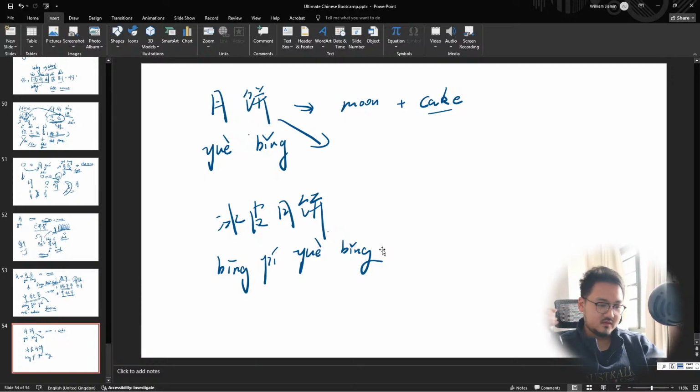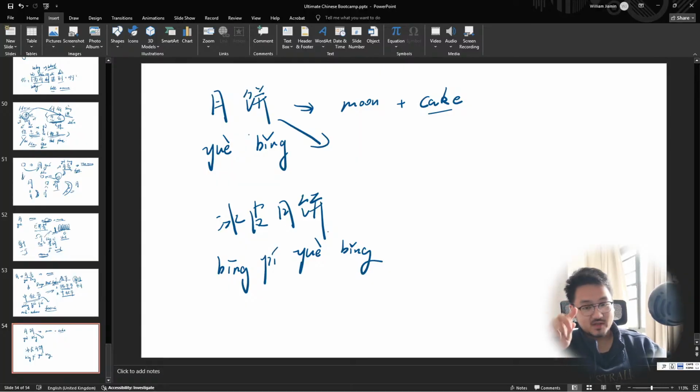You use a hammer to make it sticky, and you wrap it, and the wrapping size is kind of like ice cream. Then you put it in the refrigerator. It's pretty delicious. Okay, so that's the mooncake 月饼.